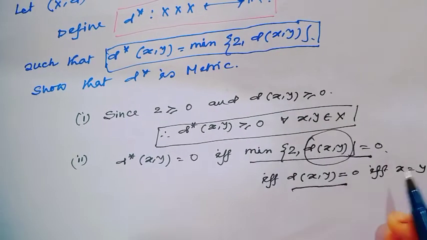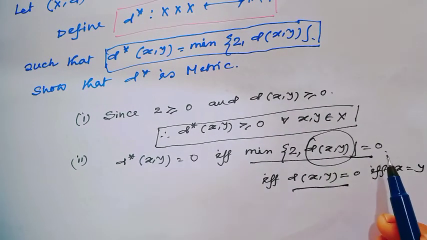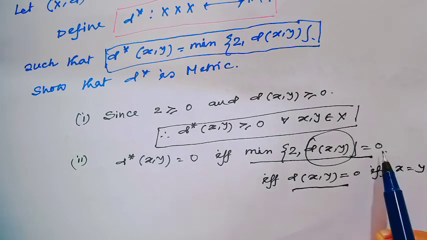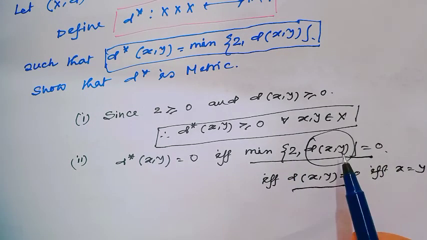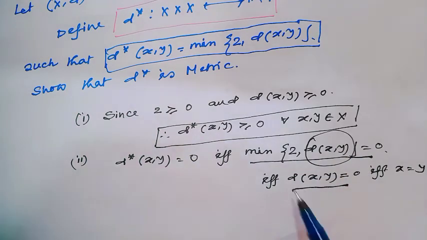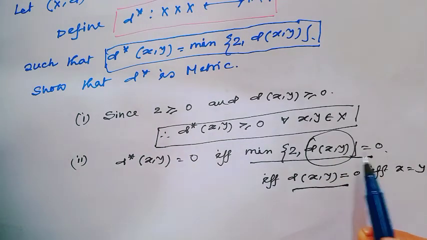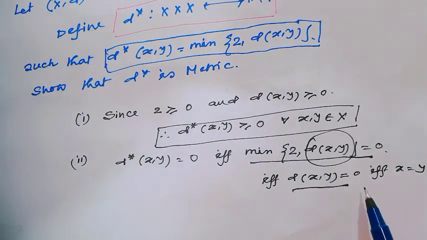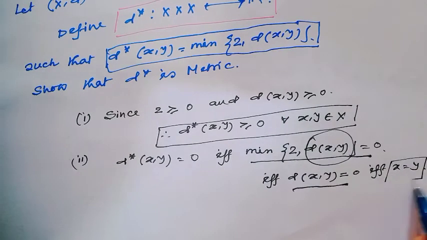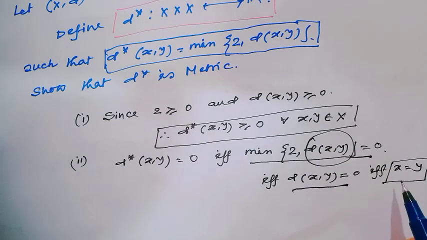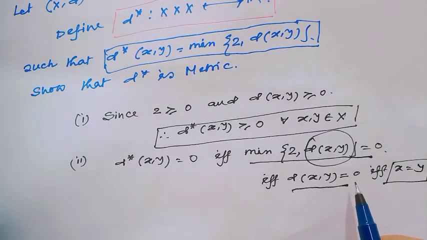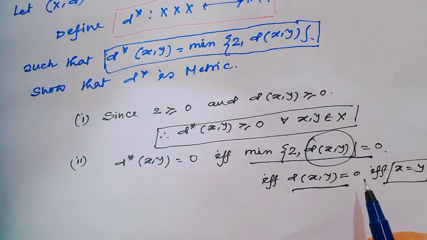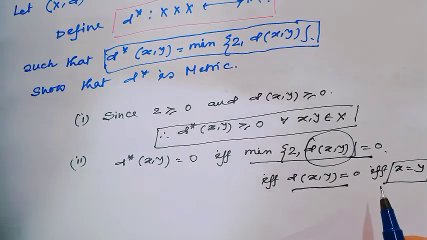When this term is 0, then, because this is the minimum of 2, D of xy, we can tell this value would be equal to 0. And obviously D of xy equal to 0 means x equals y. And this condition is obviously an if and only if condition. If x equals y, then obviously D of xy equals 0. That means the second condition has also been satisfied here.